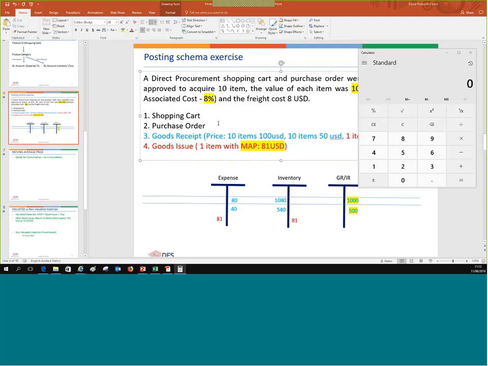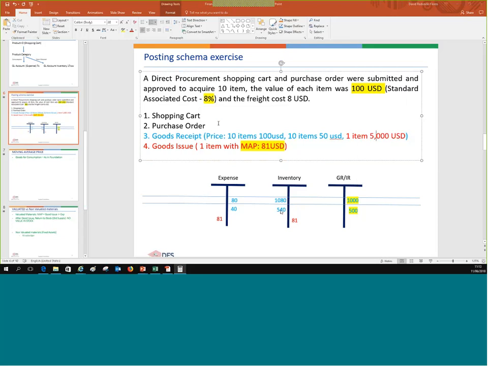The system will debit the inventory account with 5,000 plus 8%. So we'll have a debit of a very big amount that the system will consider is still the same type of item because they selected the wrong one.